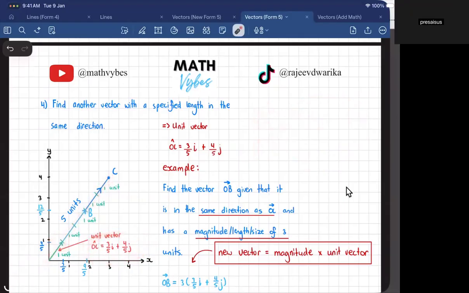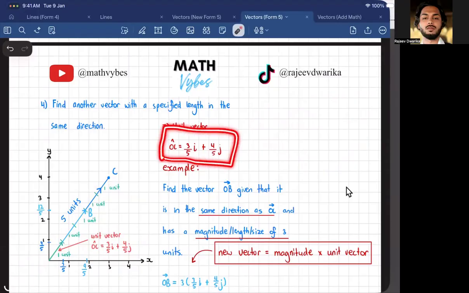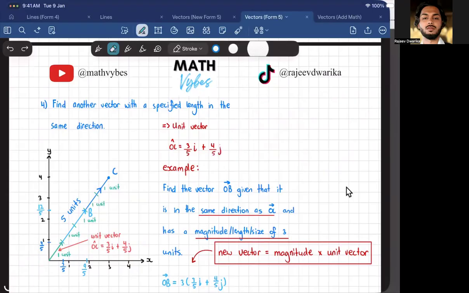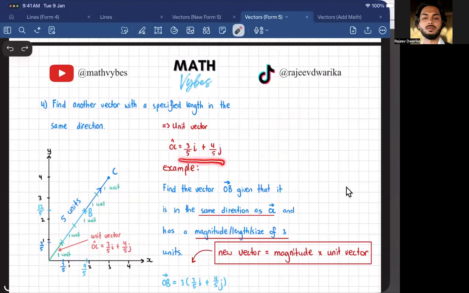So first things first, O to C is what kind of vector? The top part here, that makes that vector what? A unit vector. Right, because its magnitude is what? What is its magnitude? Its magnitude is 3 over 5i plus 4 over 5j.